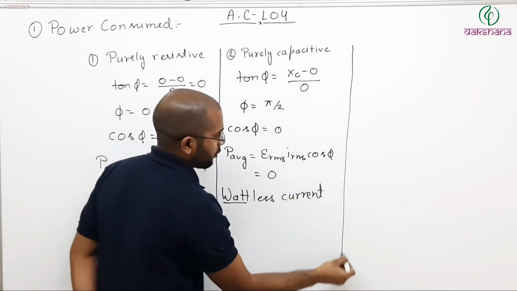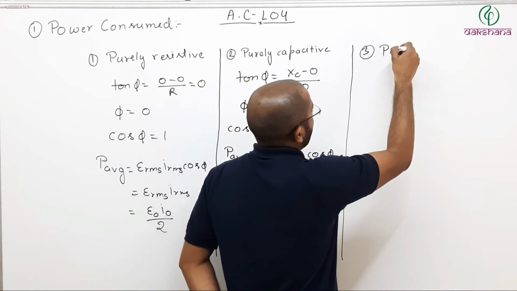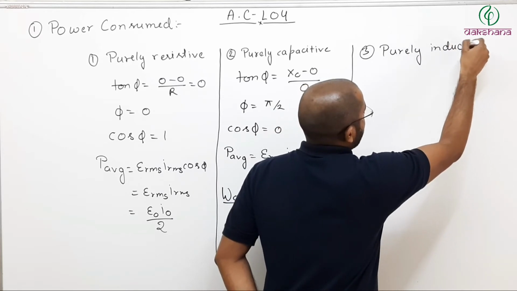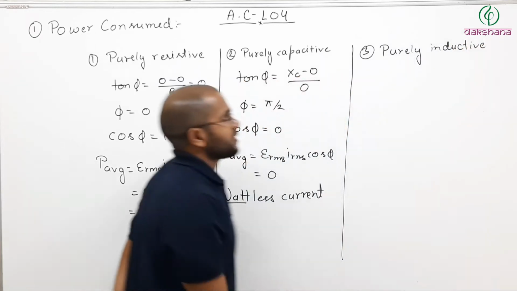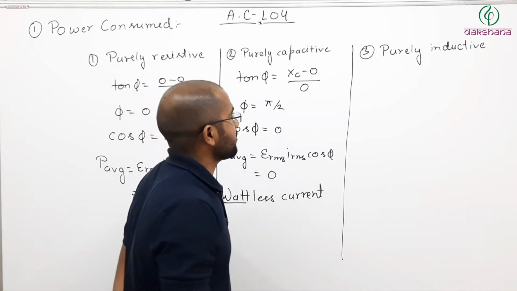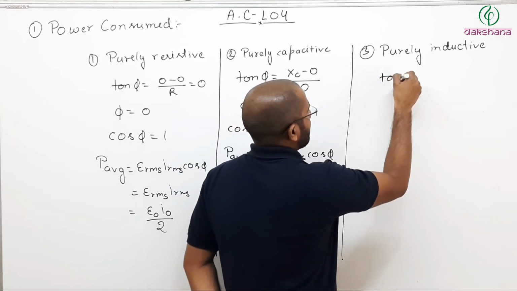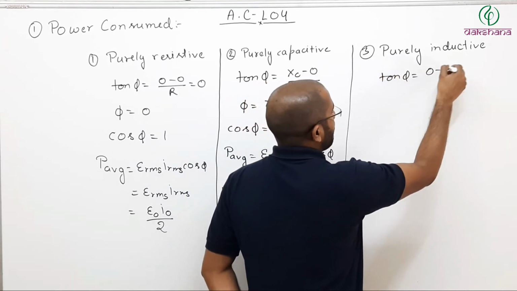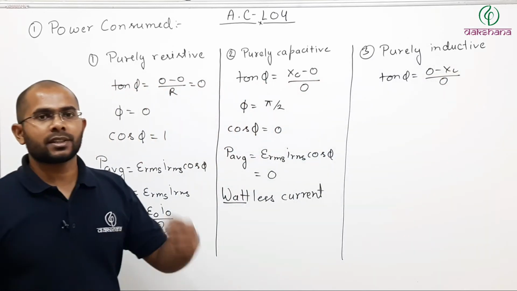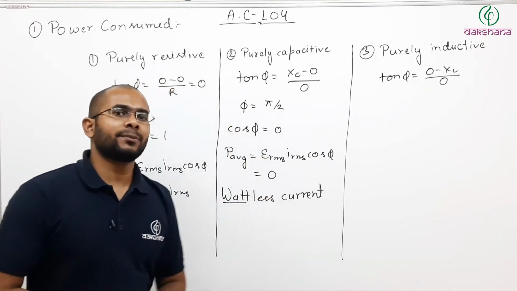Okay, let us talk about the purely inductive circuit. Third is the purely inductive circuit. What happens here? Tan phi will be equal to 0 minus XL divided by 0. And as you know, in a purely inductive circuit, current lags the EMF by pi by 2.